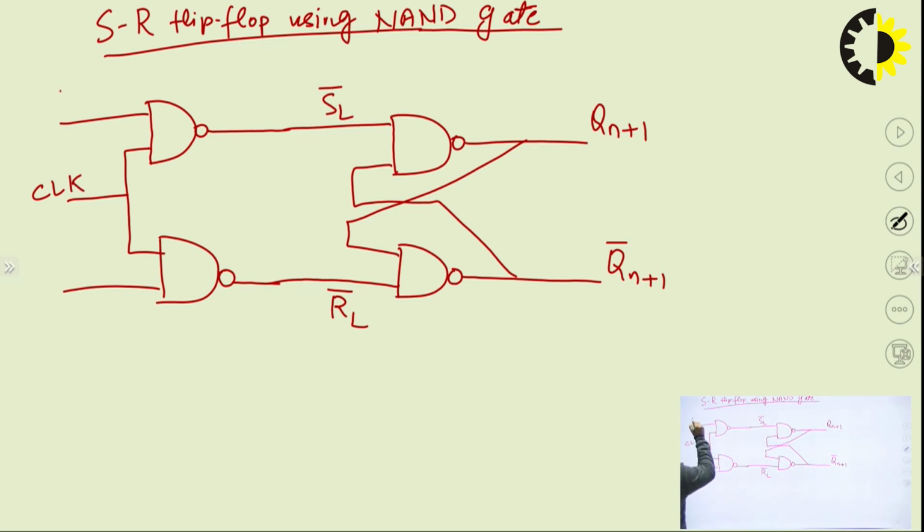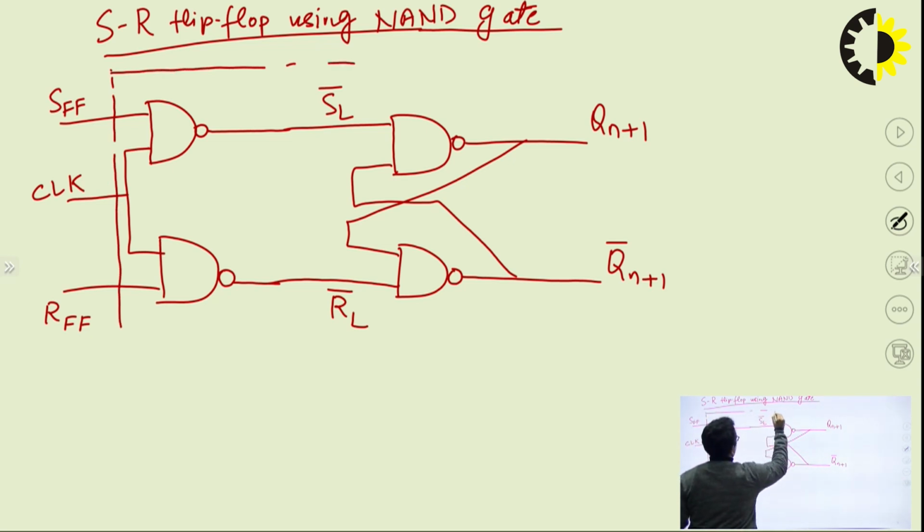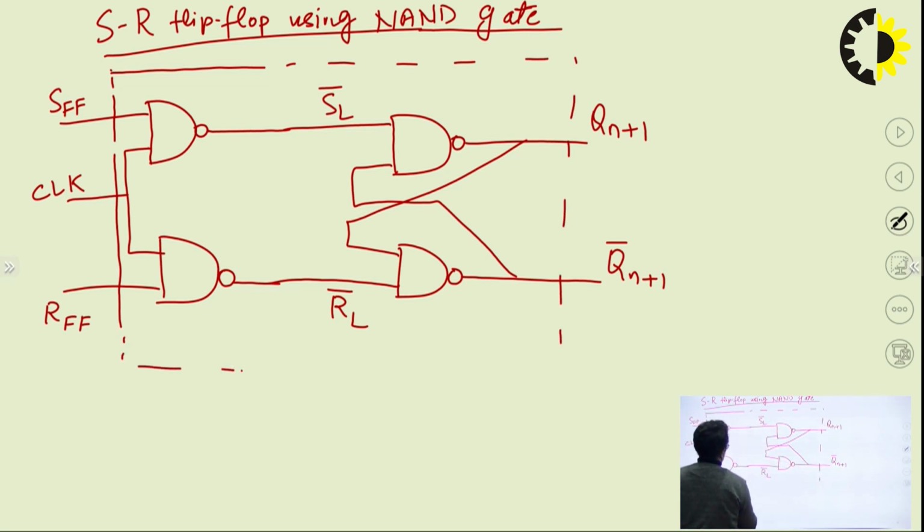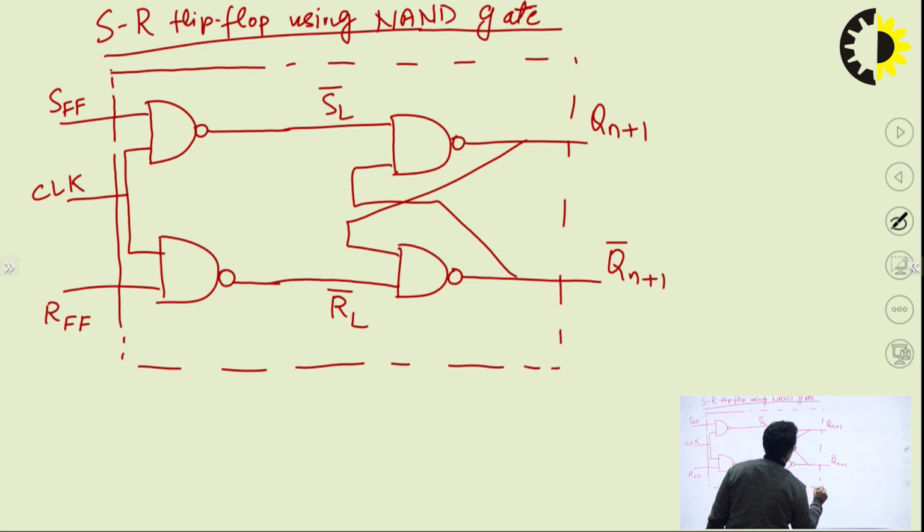On this side we are having the flip-flop set terminal, on this side we are having the flip-flop reset terminal. This entire circuitry is your SR flip-flop. So this is the entire block diagram. How it looks internally is something like this: SR flip-flop using NAND gate.